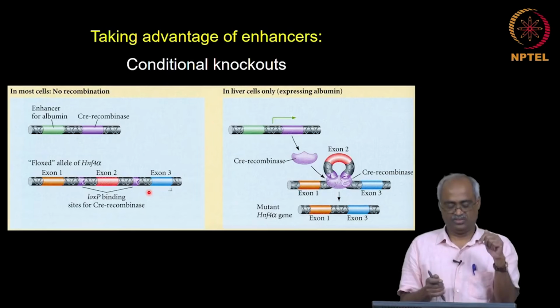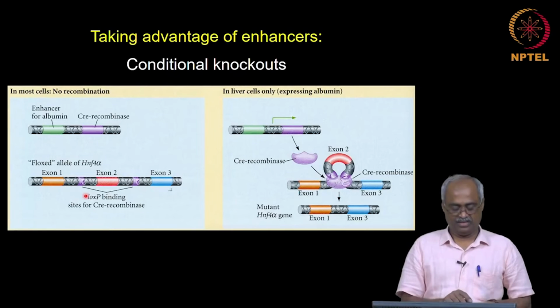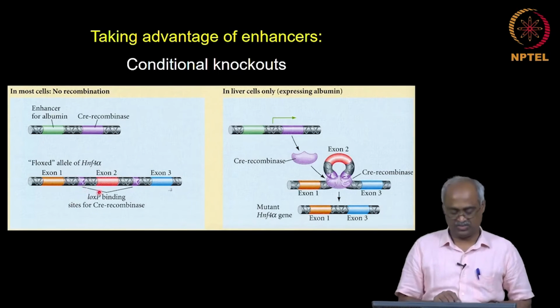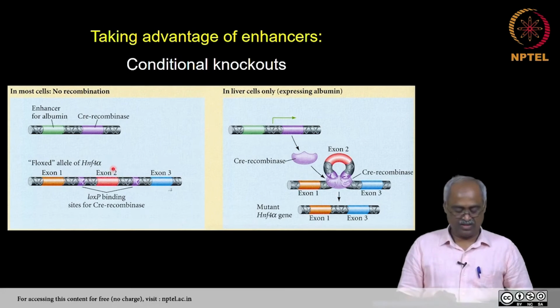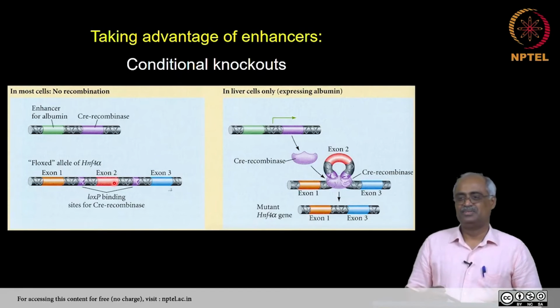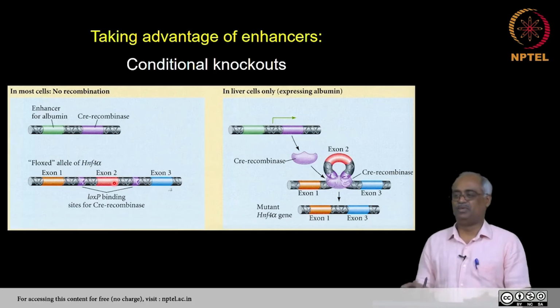The site for the Cre, this is bacteriophage P1, is called LOXP sites. So, the LOXP site flanks exon 2. Normally people call that floxed, flanked by LOX. So, you flox the gene of interest.